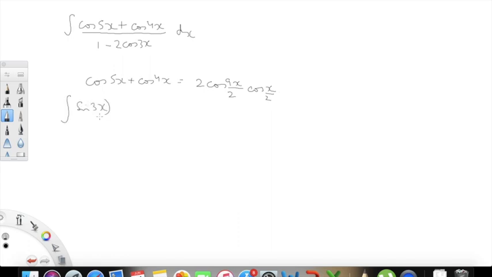Now what we do is we multiply by sine 3x, sorry, in both numerator and denominator. Why we did that is what I'll tell you in a bit. Let's see how it turns out.